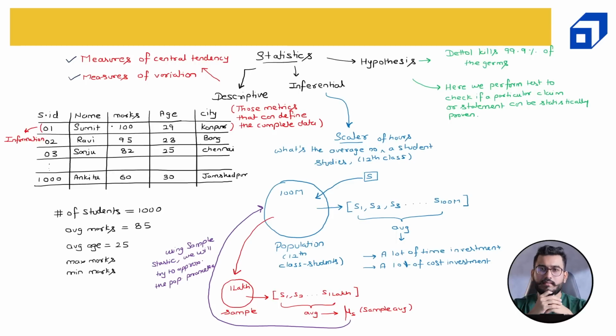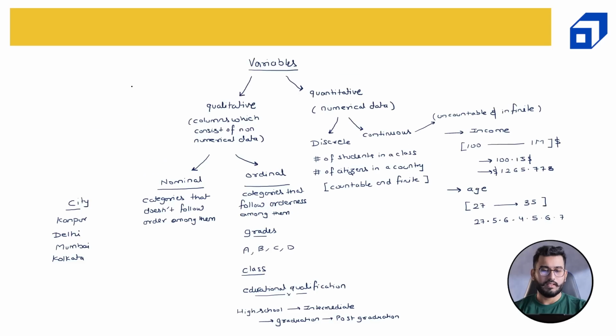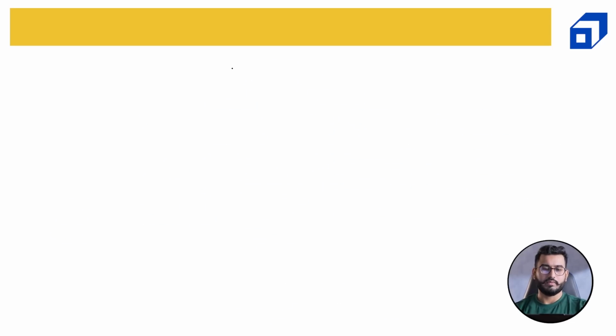And that is the reason we have these descriptive measures. And as we have discussed before, the descriptive statistics measures are broadly classified into two buckets. Number one is measures of central tendency and number two is measures of variation. So let's now deep dive into these two particular topics. Descriptive statistics.